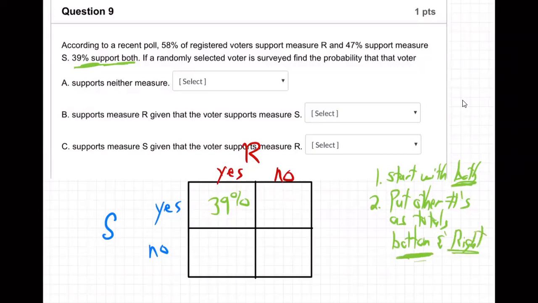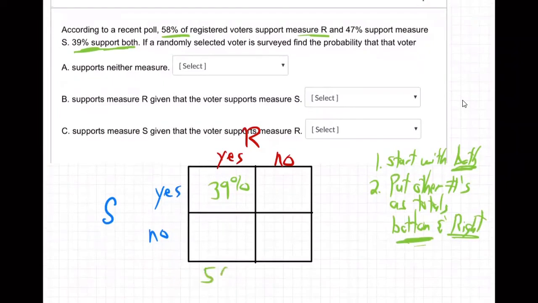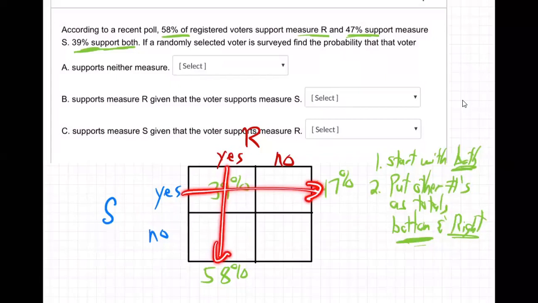So what are the other numbers? Well, it says 58% support measure R. That's yes on R, that'd be down here. See, that's a total on the bottom, and 47% S. So that'd be right here. That's a total. See how that's a total for yes on S, and this is a total for yes on R. Those are totals on the bottom and the right.